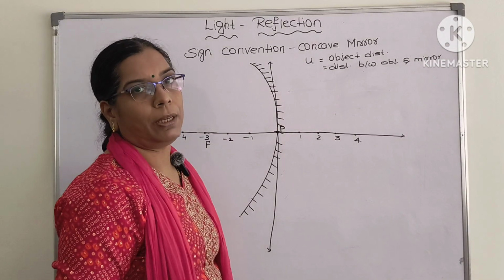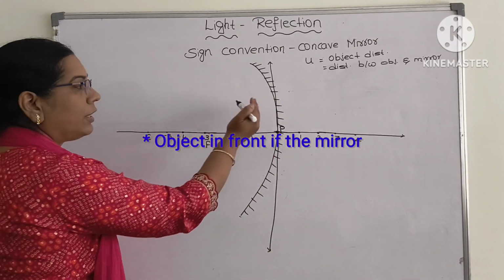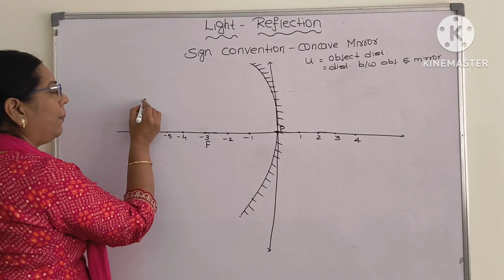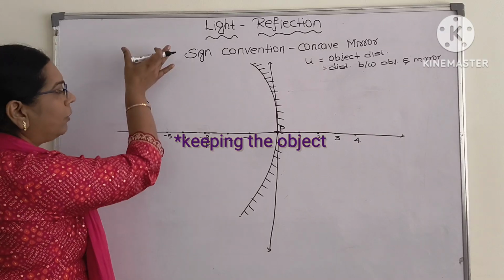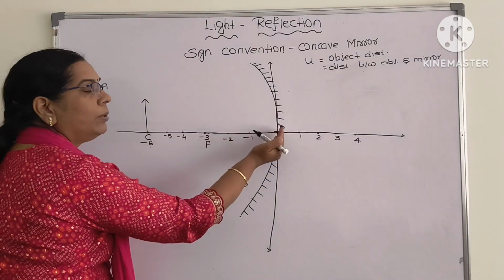And where do we keep the object, children? The object is always kept on the left side, that is, in front of the mirror. So imagine keeping the object at this position. How far is the object from the mirror?